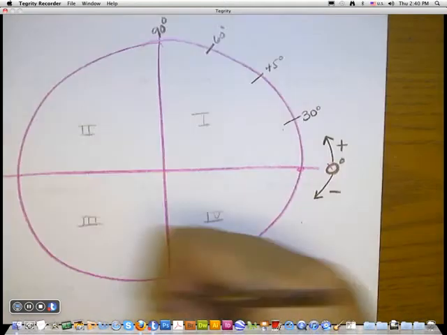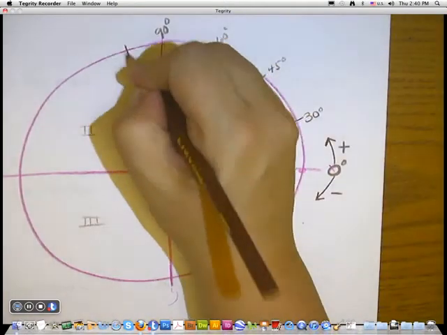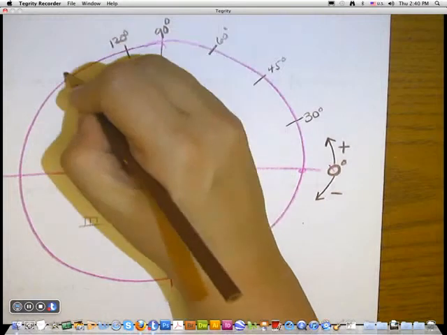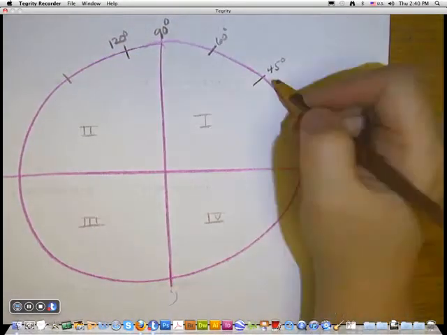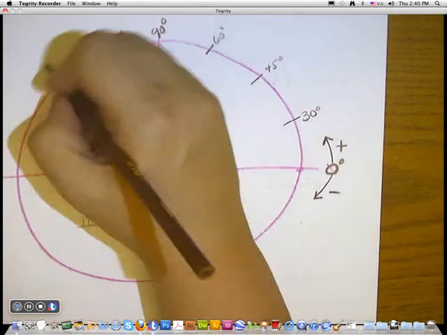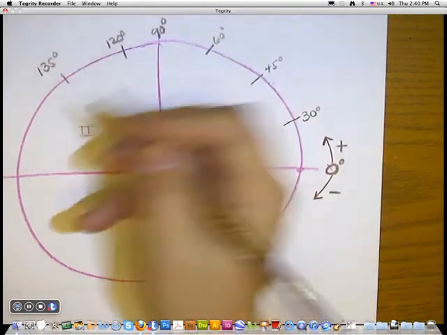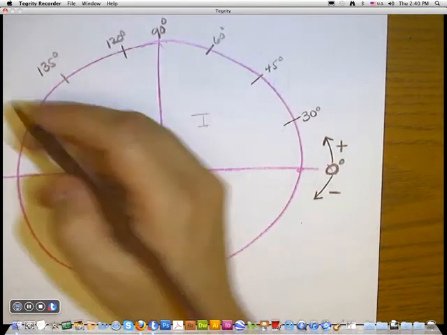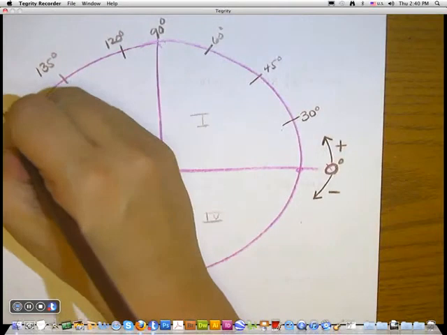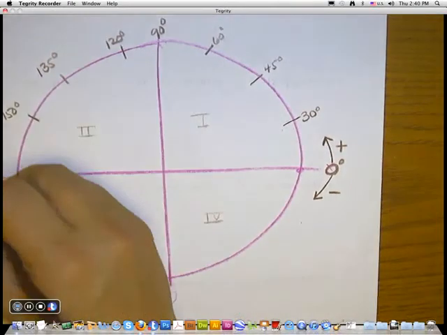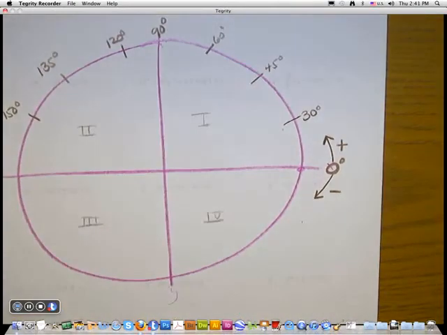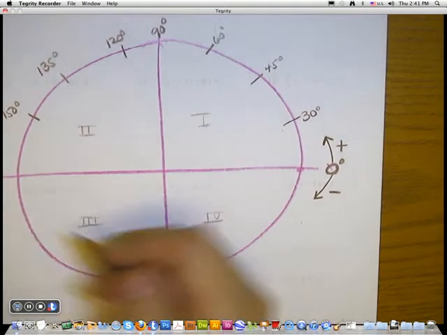So going around, keep going at this. This would be 120. This is the next 45, 90, so that makes it 135. So 120 becomes 150. And then over here we are at 180 degrees. Keep going.